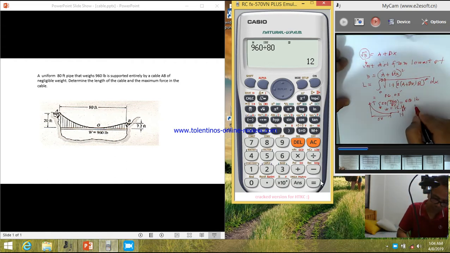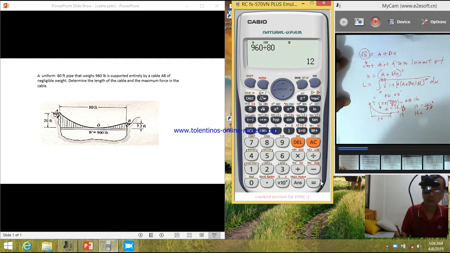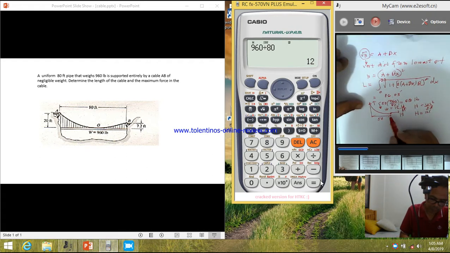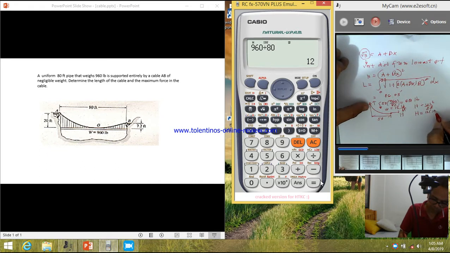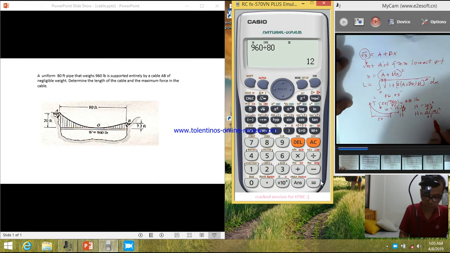And then remember, our H is WL squared over 8D. So H is W, which is 12, times L. Our L that we're going to use is double this 50, which is 100, squared, over 8 times the sag, which is 20.